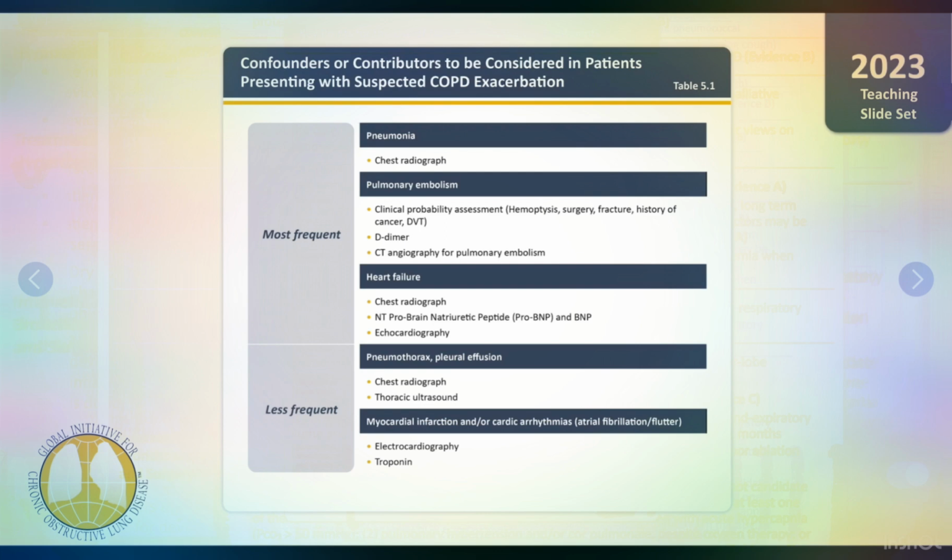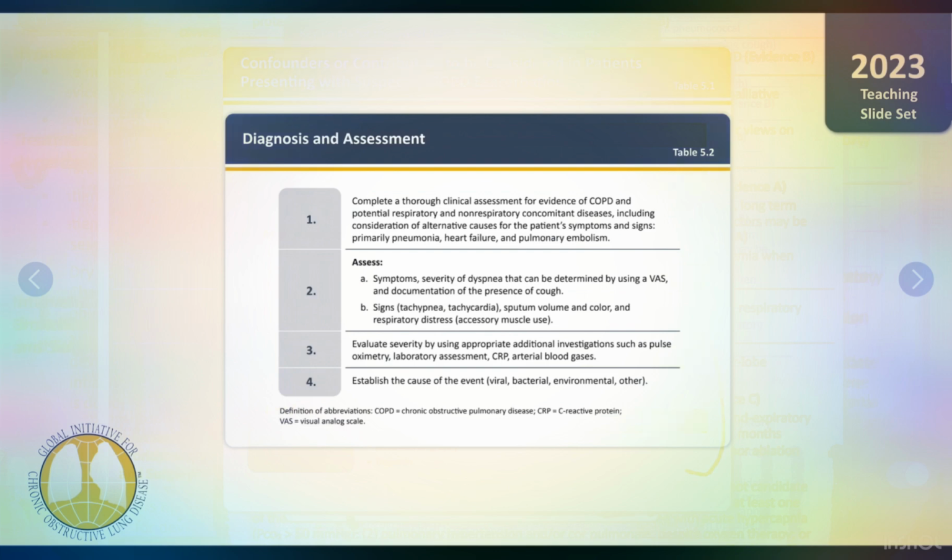We should do D-dimer, CT angiography for pulmonary embolism. Heart failure: for that we should do chest X-ray, and then NT-proBNP, BNP level, echocardiography. And they are telling less frequent things are pneumothorax and pleural effusion. For pneumothorax and pleural effusion, we should do USG and chest X-ray, and for MI we should do troponin-I and ECG.